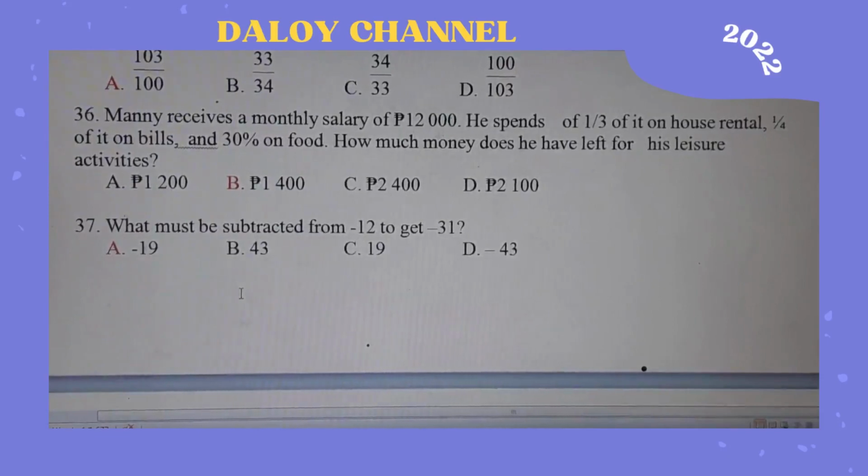He spends one third of it on house rental, 1/4 of it on bills, and 30% on food. How much money does he have left for his leisure activities?